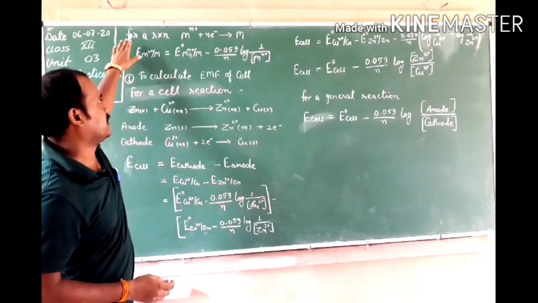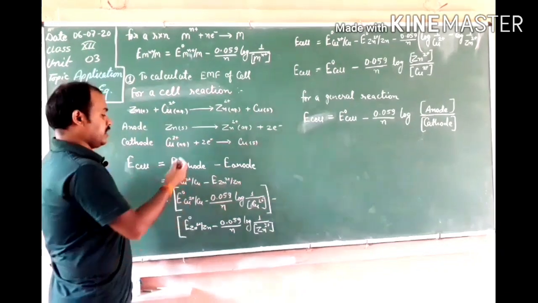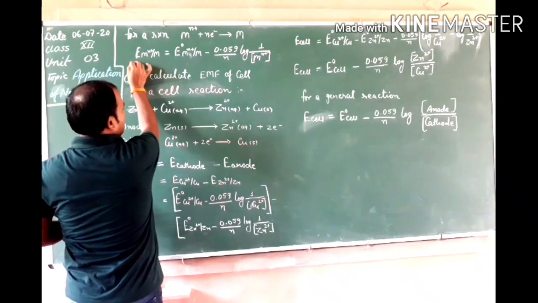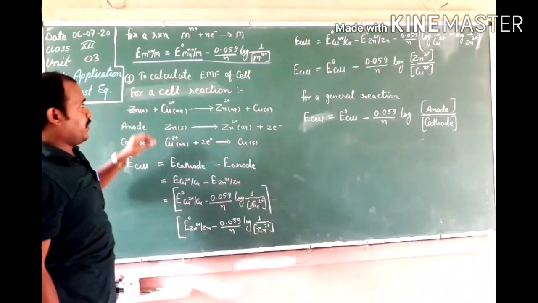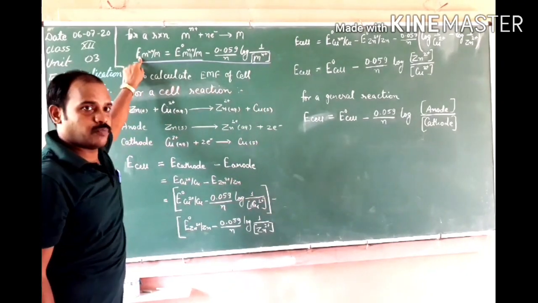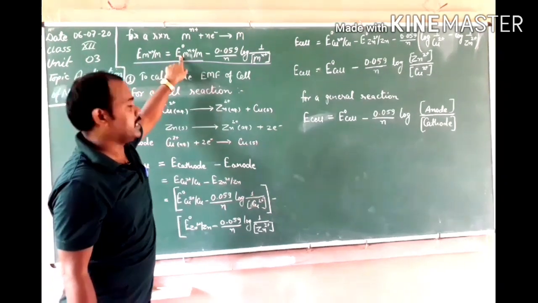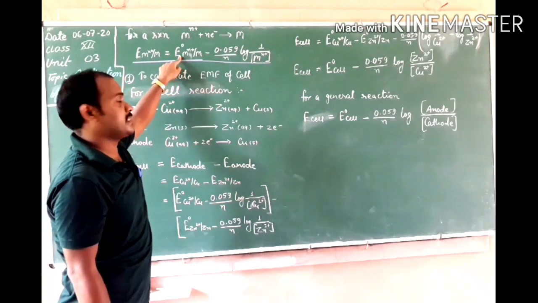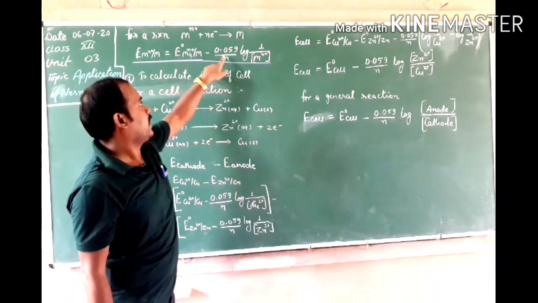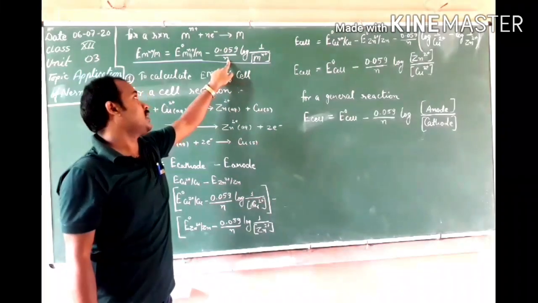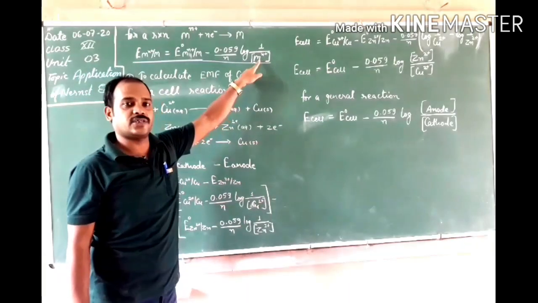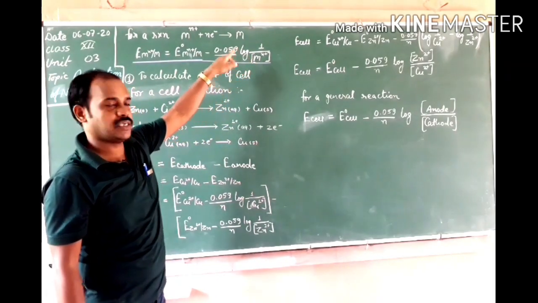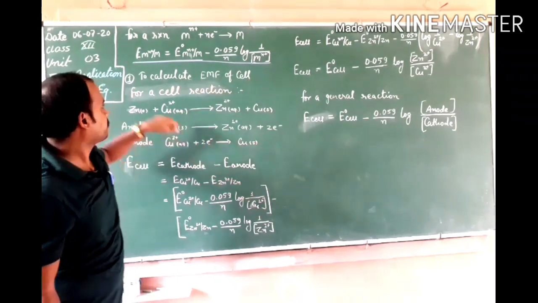For this reduction reaction, I have told you that Nernst equation can be written as this, where E is the electrode potential, E0 is the standard electrode potential, n is the number of electrons involved in the reaction, and M^n+ is the concentration of the solution in which the electrode is immersed.